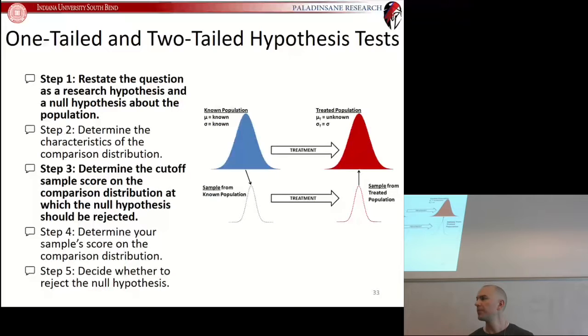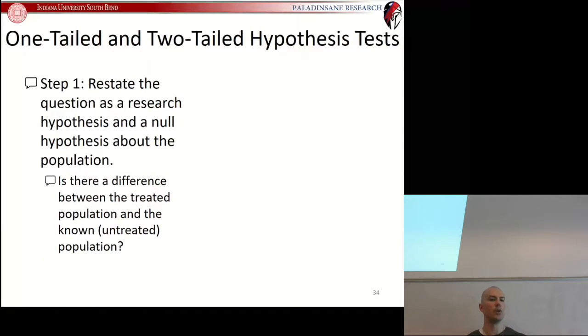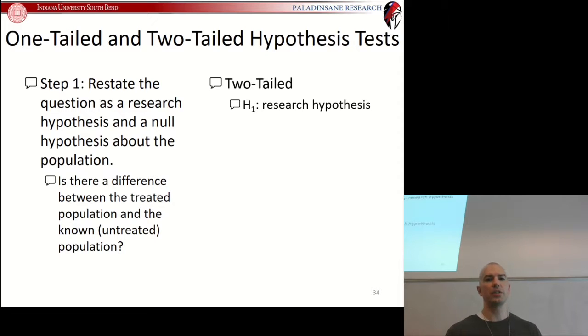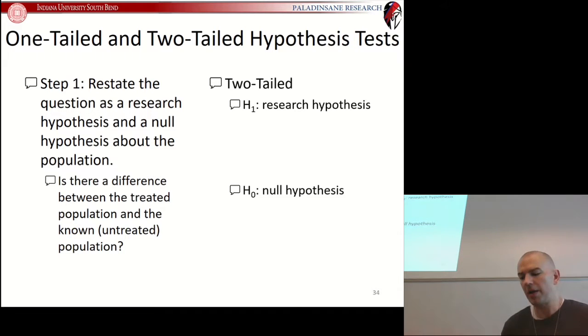All right, last thing we need to do is step 1. So step 1, restating the question as a research hypothesis and a null hypothesis about the population. We've done that two-tailed so far. So what we've seen so far has been two-tailed hypothesis tests where we have a research hypothesis and a null hypothesis.